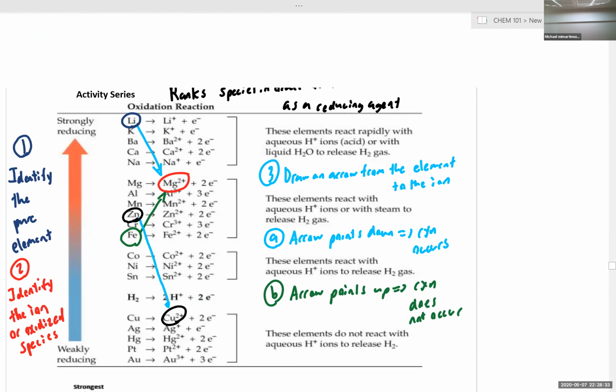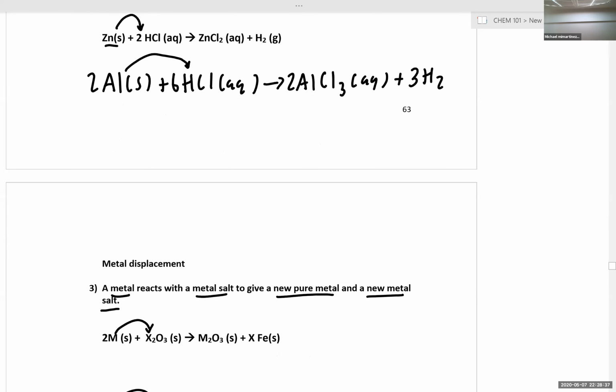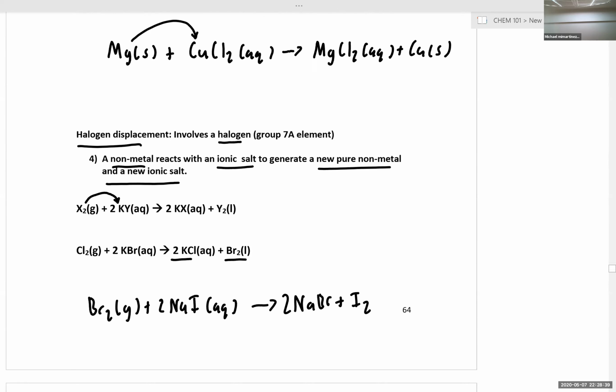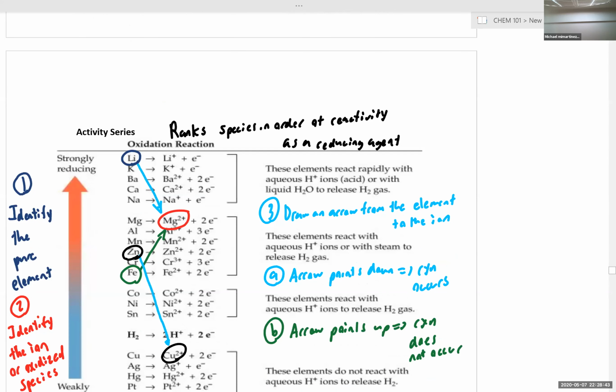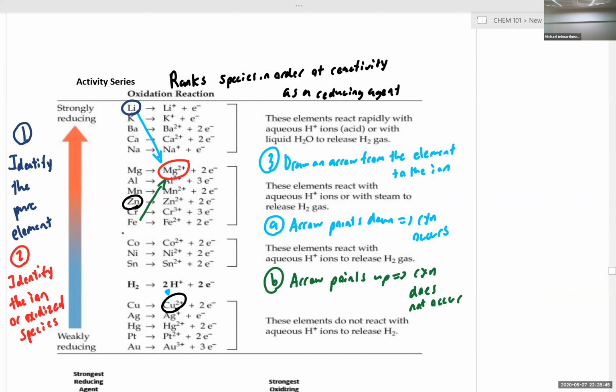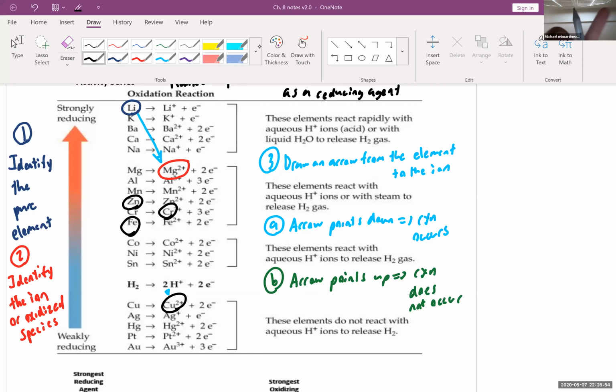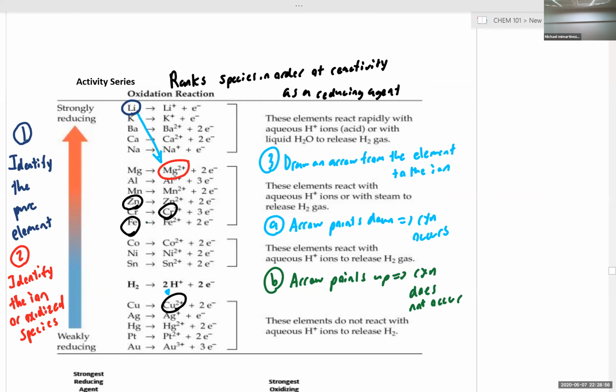So I'm going to go to my activity series and find iron and chromium. I circle iron, I circle chromium, and then I draw my arrow. My question to all of you is: is the arrow pointing up or down?